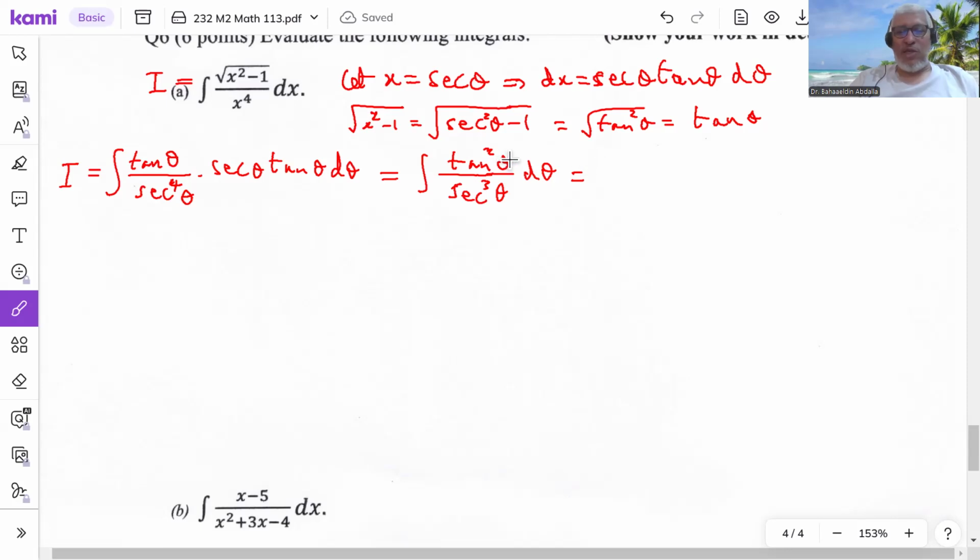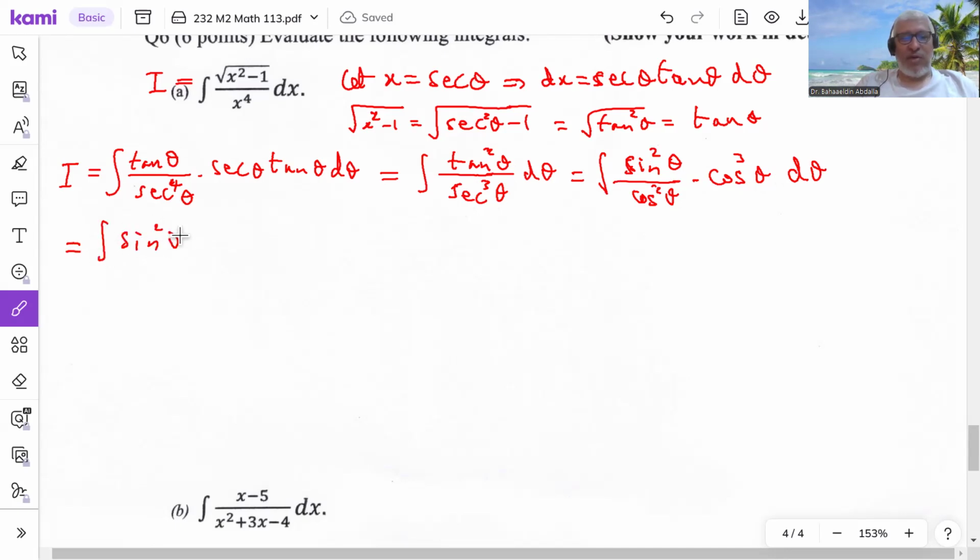So I'll just change tan squared to sine squared over cosine squared, and secant cubed is 1 over cosine cubed. So in fact, 1 over secant cubed would be cosine cubed. You can just write it like this. And now I have cube and square, so they cancel, and I'll have sine squared theta times cosine theta d theta.